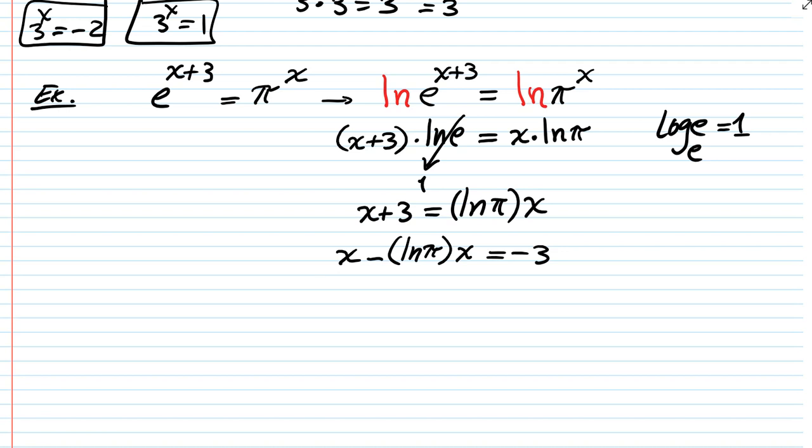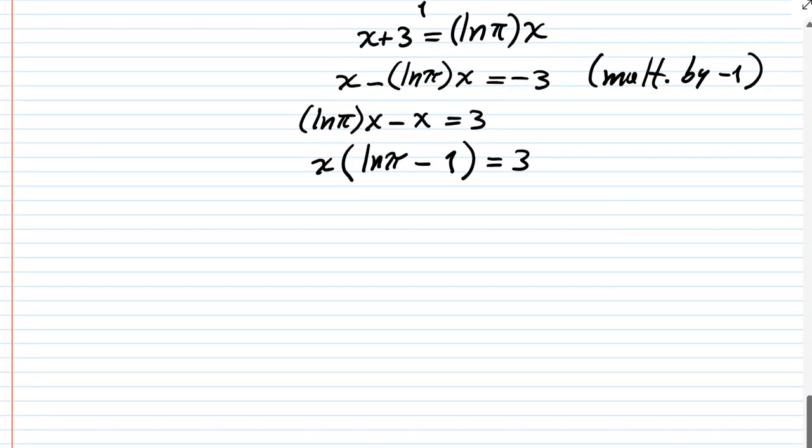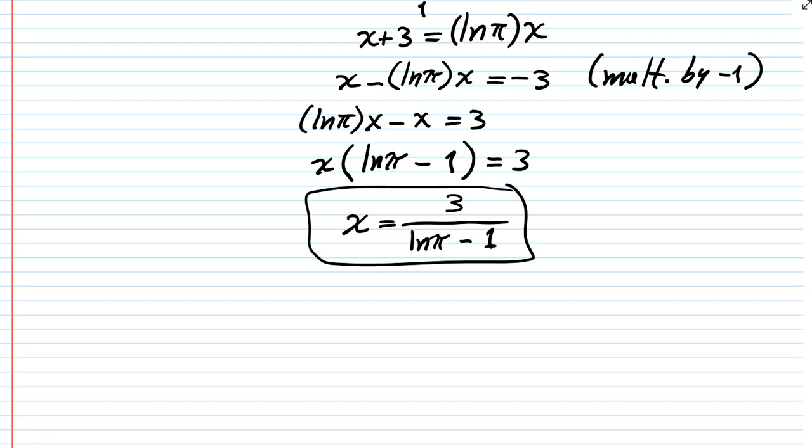So the left side becomes ln of pi times x minus x equals 3. There, multiply by negative 1. And then factor the x. When I factor the x, I get x times the quantity ln of pi minus 1 equals 3. And then divide both sides by the coefficient on x, and x equals 3 divided by ln of pi minus 1. And there is the solution to this one.